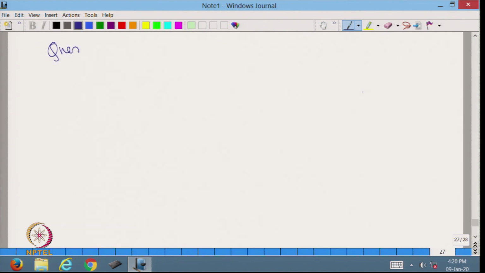Question is, what are the significance of mu and sigma square?